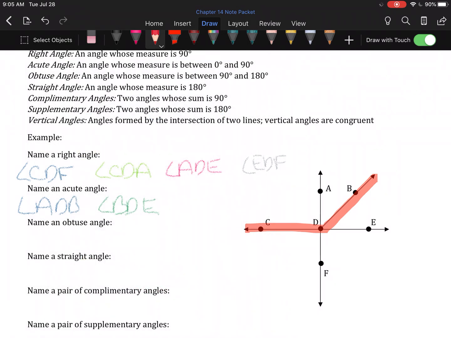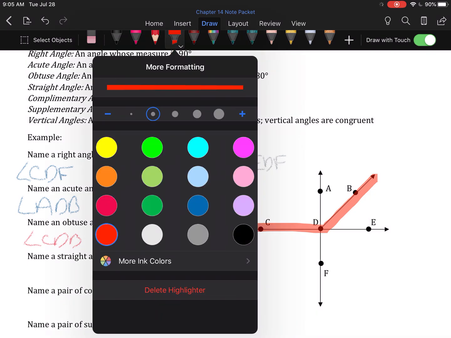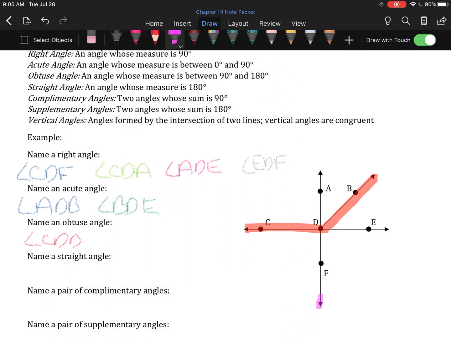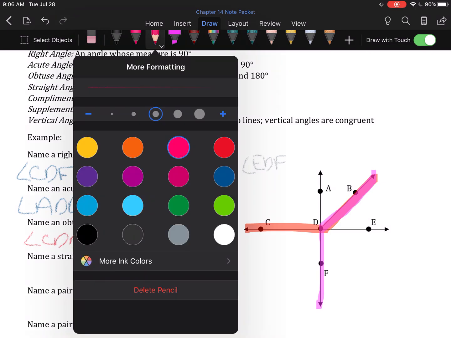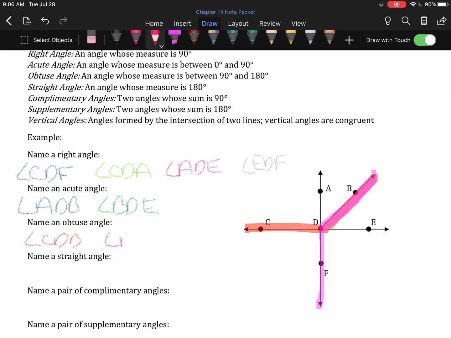So that is angle CDB. But that's not the only angle like that. Let's go with pink. Angle FDB is also an obtuse angle.